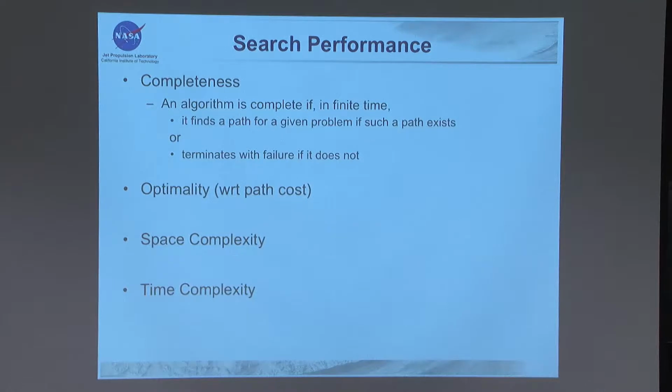So usually, these two metrics are very important for practical purposes. Space complexity is how much memory is used during the search. Time complexity is how much time it takes to compute the solution. Usually, you want an algorithm to compute something very fast and require very low memory.